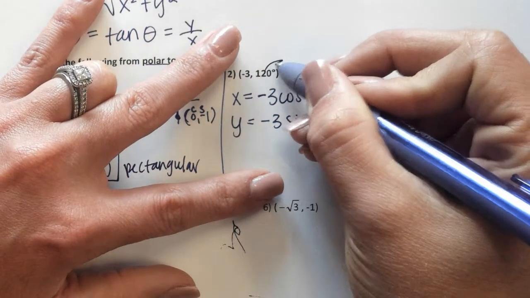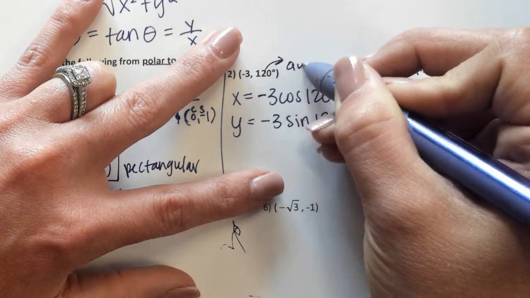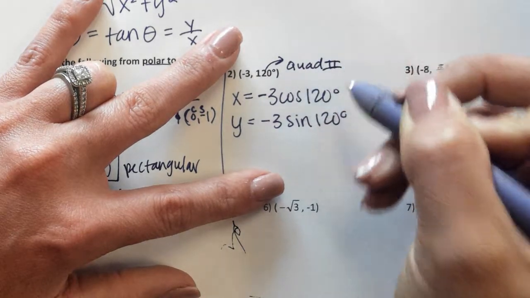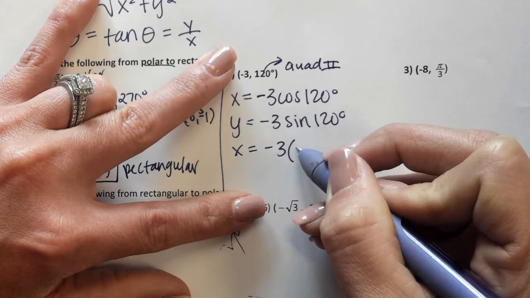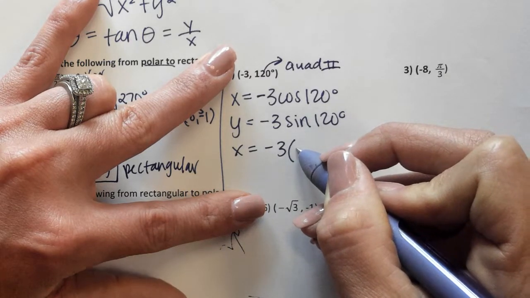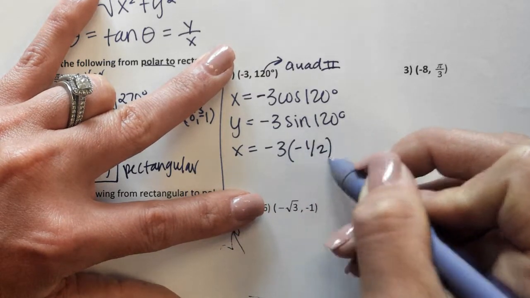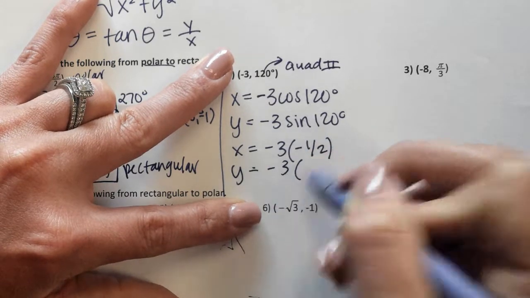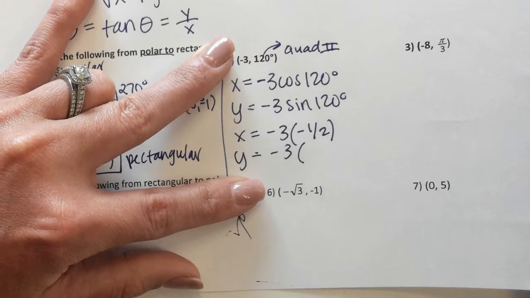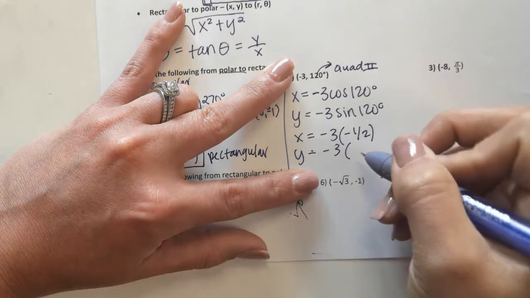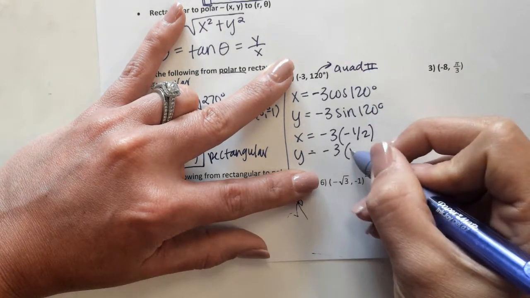But this is in quad what? So cosine is going to be what? Negative 1/2. Very good. Your y value is going to be negative 3 times what is sine of 120? Square root 3 over 2. Good. It's going to be positive or negative? Positive, because it's in quad 2. Very good.